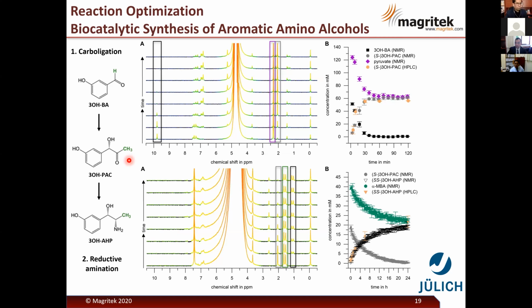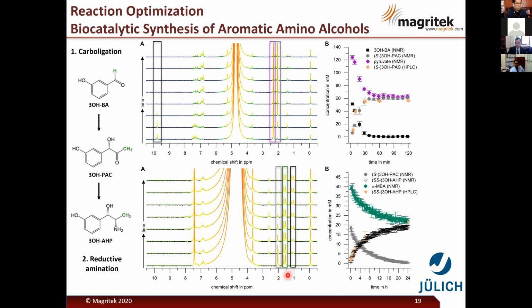This reaction took a lot longer, at around 24 hours. The signal highlighted in green is from the amine transferase, the co-substrate in excess. So we can see its concentration decrease, but it did not go to 0 since it was in excess.